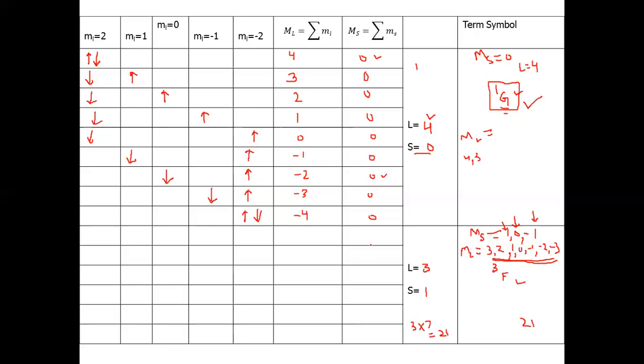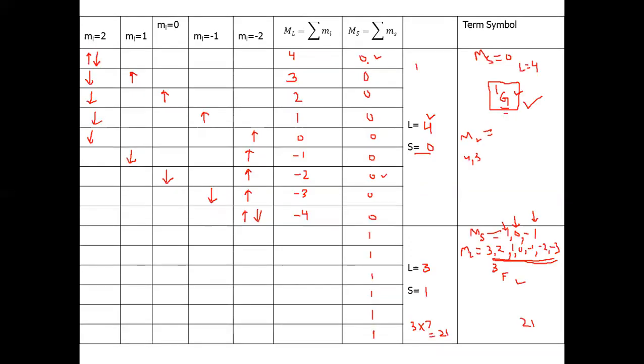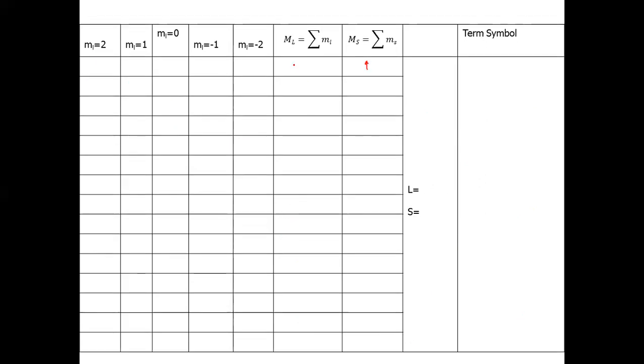First we will take the MS equal to 1 case. ML has to be 3, 2, 1, 0, minus 1, minus 2, and minus 3. So next case, what will we do now?